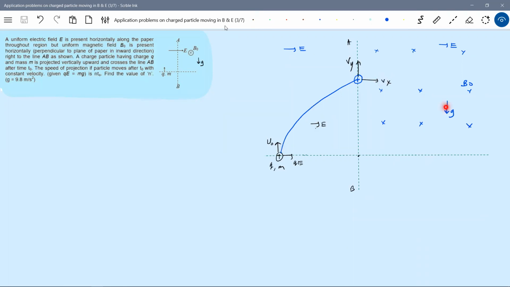Now, under the action of gravity, magnetic field, and electric field, it has to move in a straight line. It has to move in a straight line, which means how should it move now? It's going to move in a straight line path. After that, the charged particle is going to move in a straight line path.